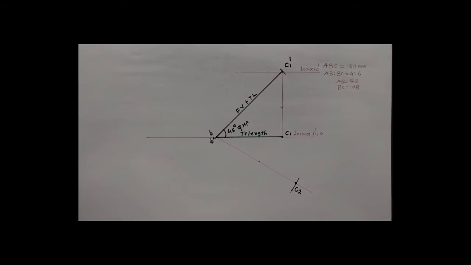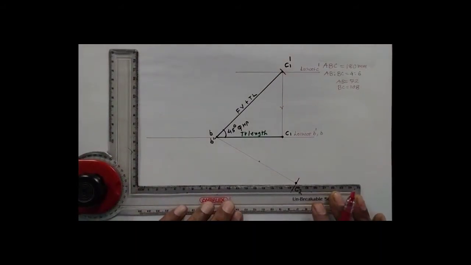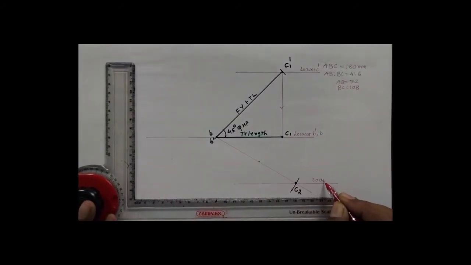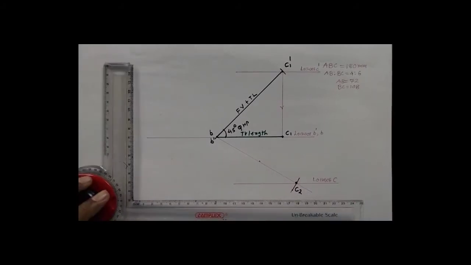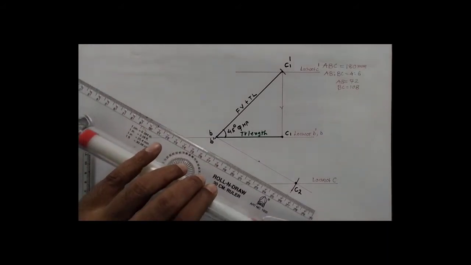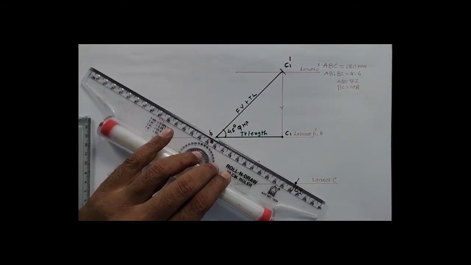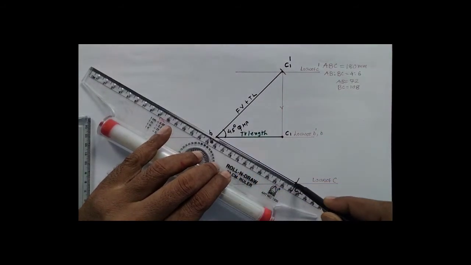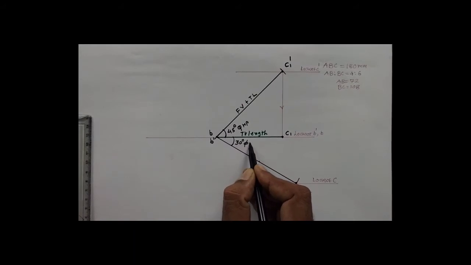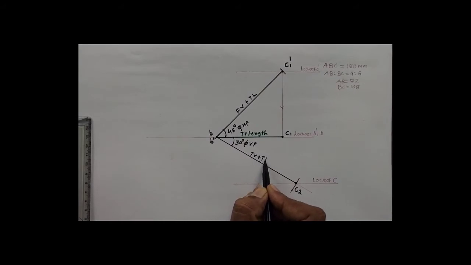From the C2 point, we draw the locus of plan point C. Now similarly, you can join your BC2. It is the line inclined to VP at 30 degrees phi, called the top view plus true length, 108 mm.